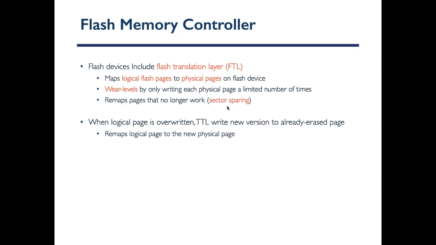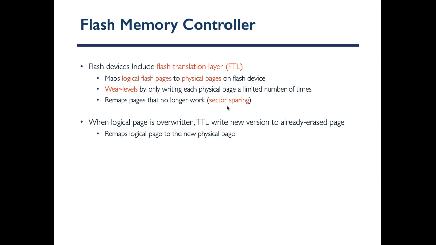But as you can see, this is too much to do. For each page that you want to write, you're basically writing the entire block, and that's not effective and efficient. So another way you can do it, because you have this flash translation layer, you can mark the old version as invalid. So wherever the data is stored, you basically assume that page is invalid now. You find an empty page.